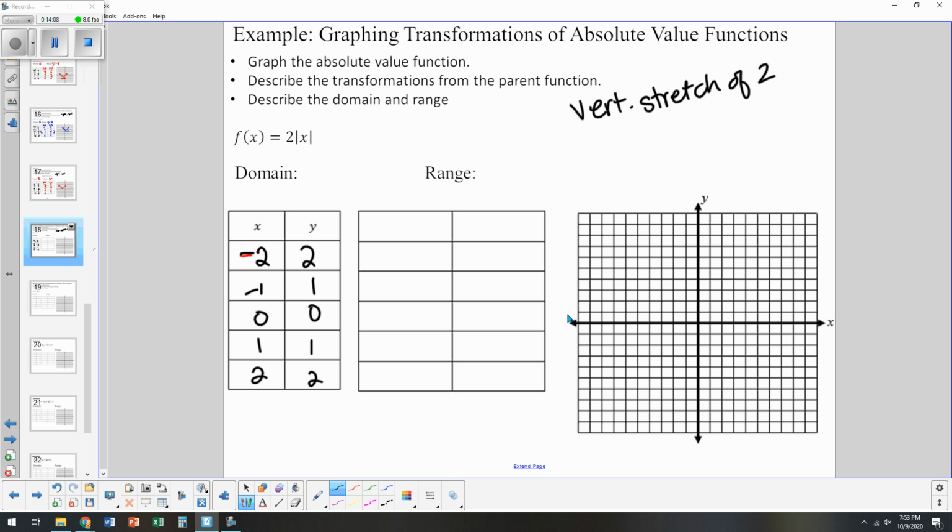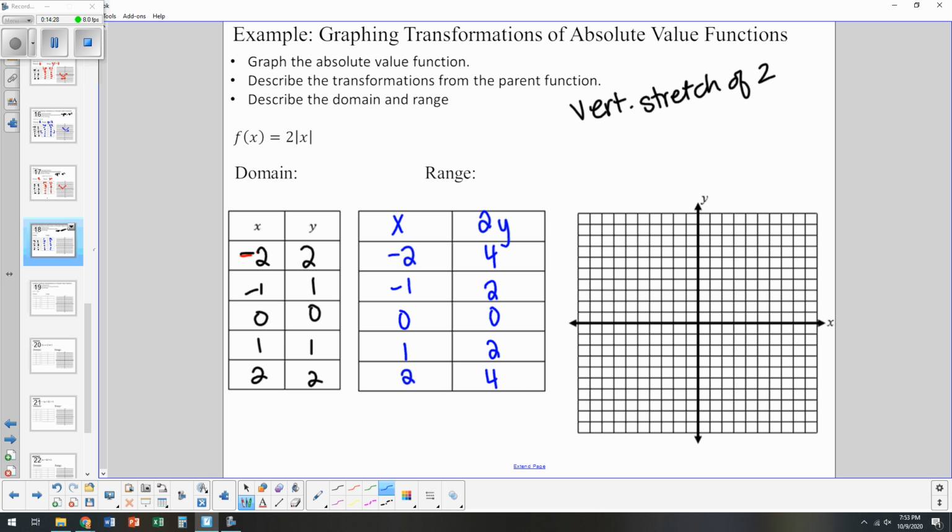My graph should be getting more narrow. So there's nothing happening inside the absolute value bars, so it's just going to stay x there. But I'm going to be doing 2 times y. So I'm going to keep all my x's, but I'm going to double my y's.